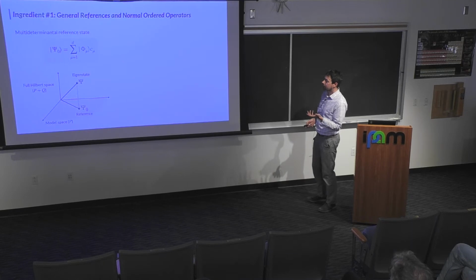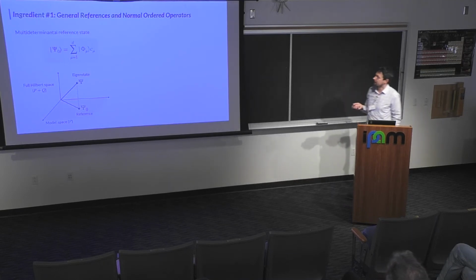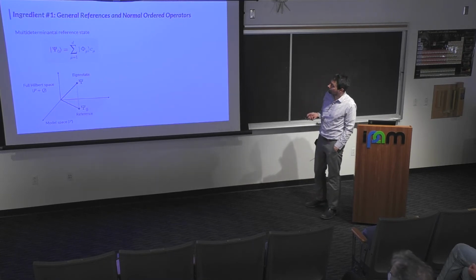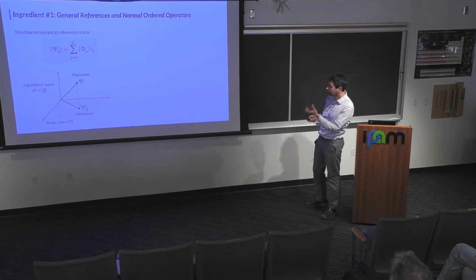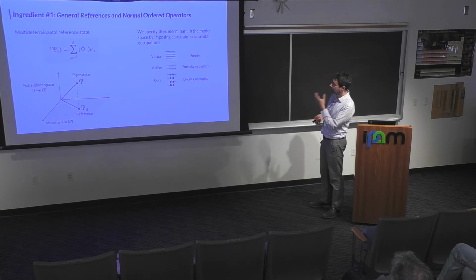So now, how do we realize this in practice? First of all, to define the model space, we're going to use a linear combination of determinants. And how do we pick the determinants?